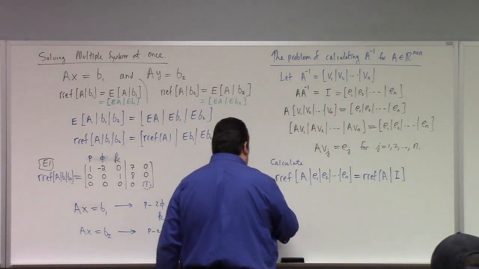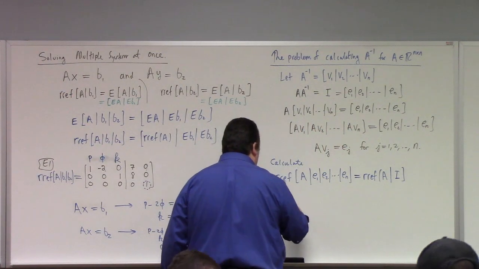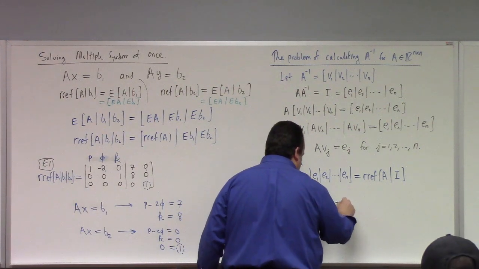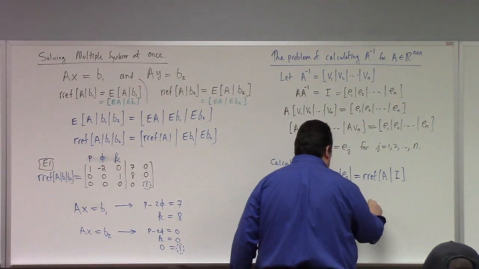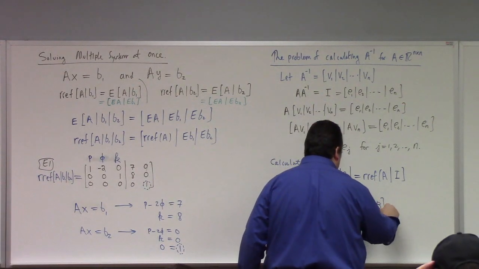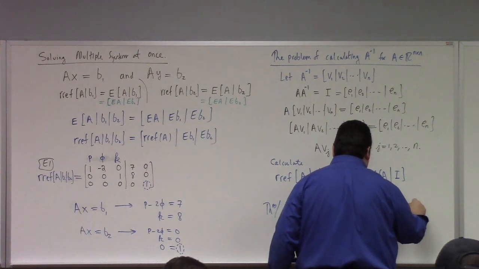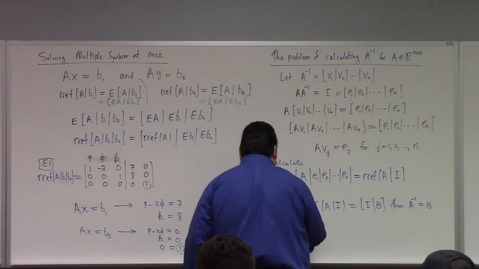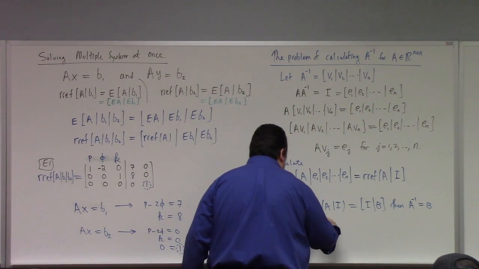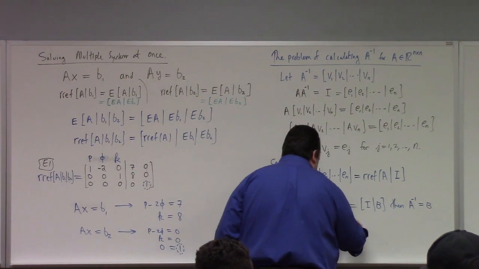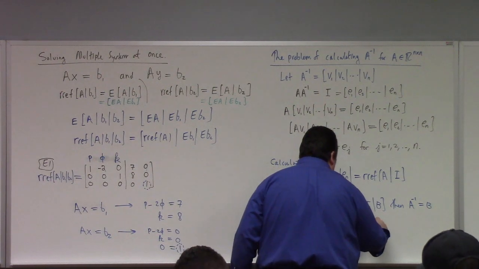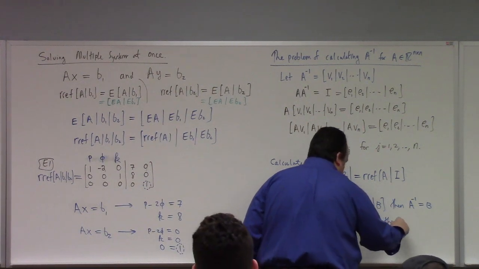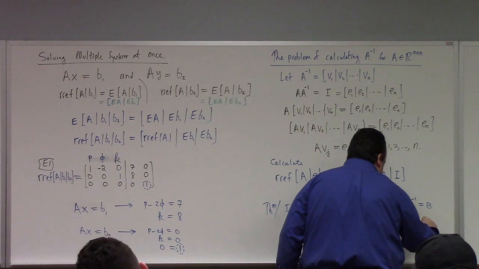And so we have the following theorem. If the reduced row echelon form of A concatenated with the identity matrix is equal to the identity matrix with some matrix B over here, then A inverse is equal to B. If the reduced row echelon form of A with the identity matrix is not equal to the identity matrix with some other matrix, let's call it M, then A inverse does not exist.